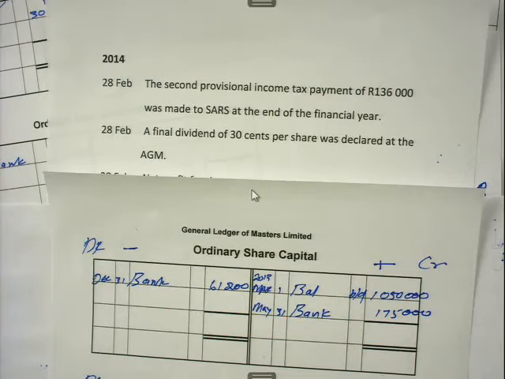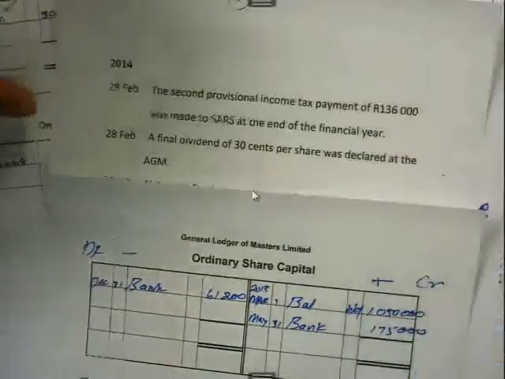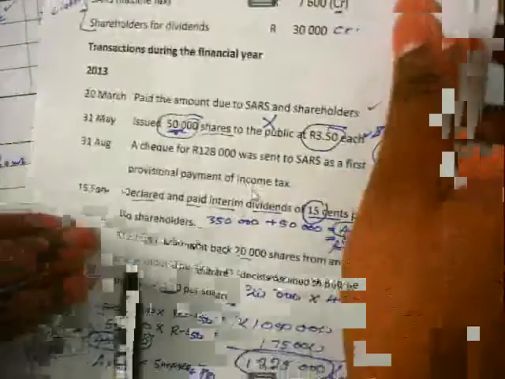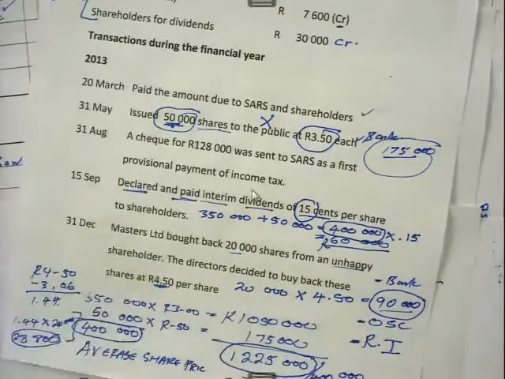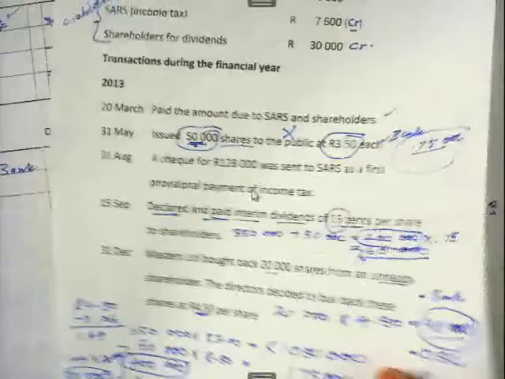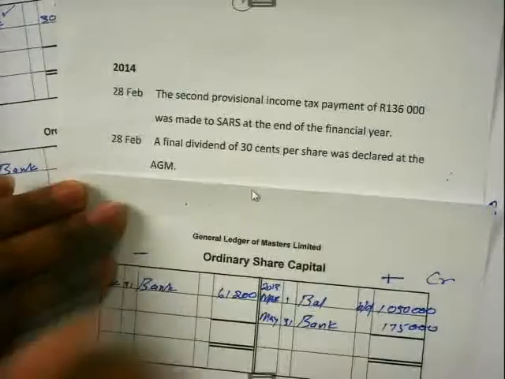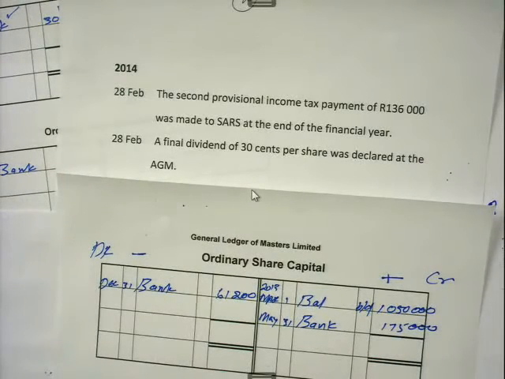They say a final dividend of 30 cents per share was declared, right? Now, there is a difference with the first one. The interim dividend was declared and immediately paid. This one was only declared, which means it was not paid.